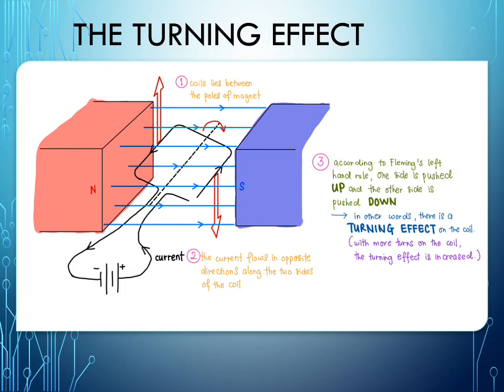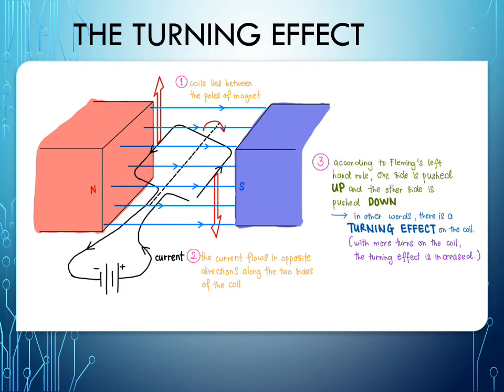Alright, so untuk side yang bahagian kanan, so kita gunakan juga Fleming left hand rule. Pastikan kamu guna tangan kiri. Okay, so your first finger will be pointing to the right. Okay, and then the current will flow into the page.